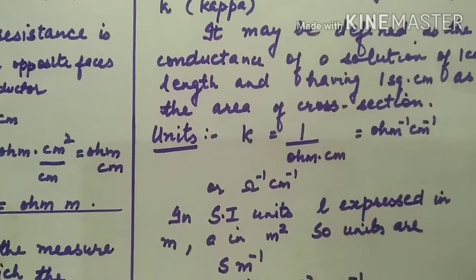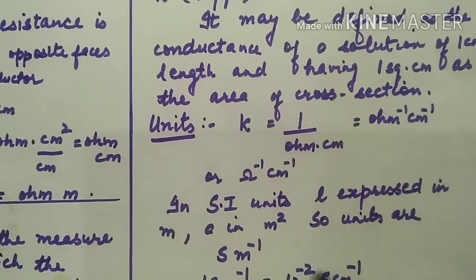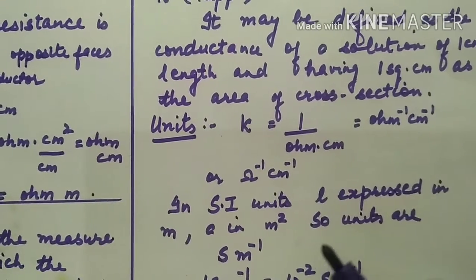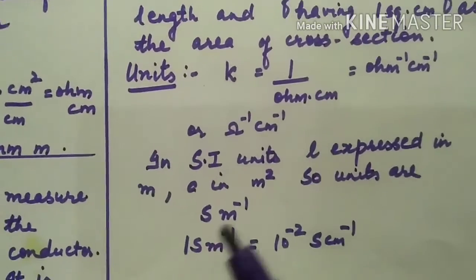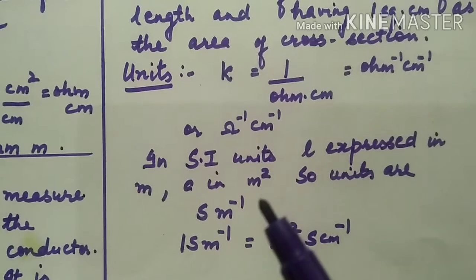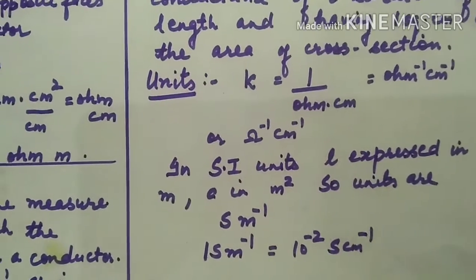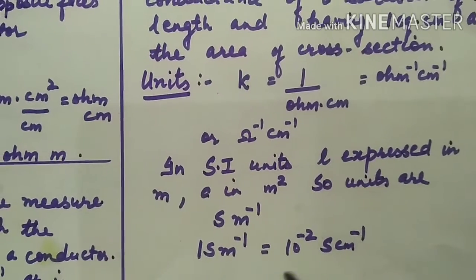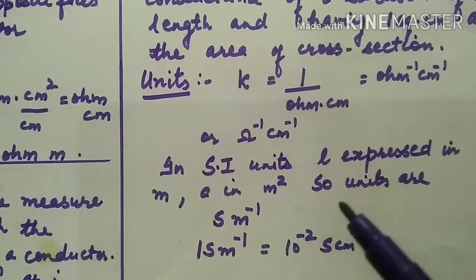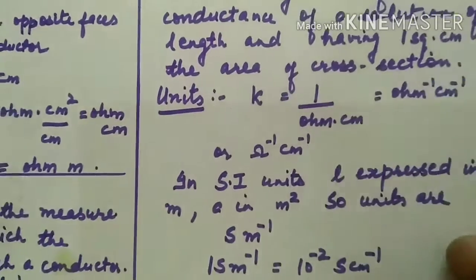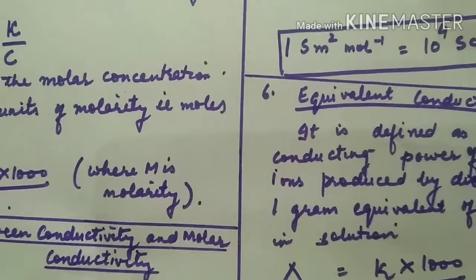In SI units, length is expressed in meters, area of cross section in meters square, so units will be Siemens meter inverse. 1 Siemens meter inverse will be equal to 10 raised to power minus 2 Siemens centimeter inverse.